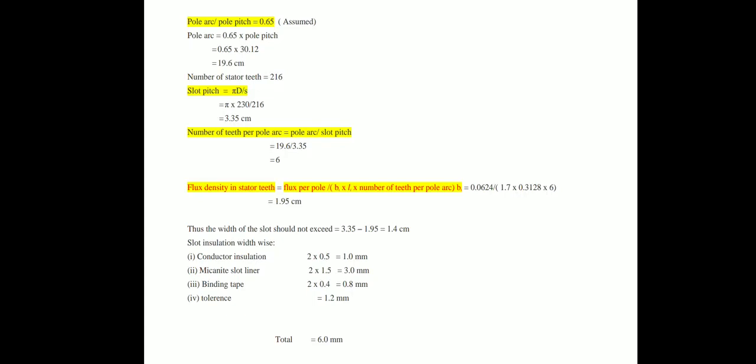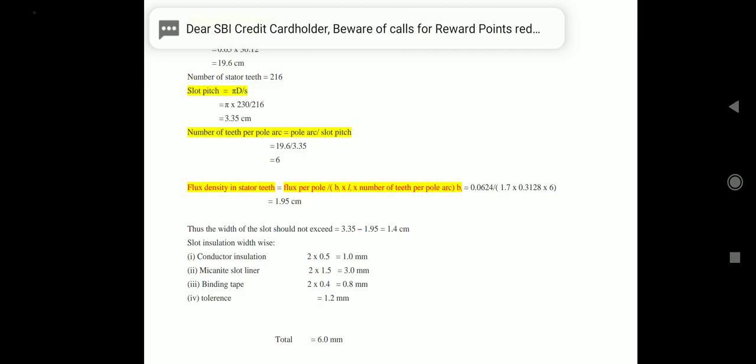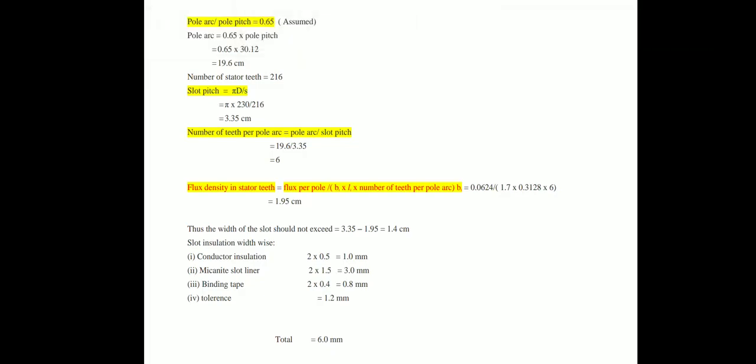Slot insulation width wise. Thus the results are: conductor insulation 1 mm, mechanite slot liner 3 mm, binding tape 0.8 mm, tolerance 1.2 mm, and total is 6 mm.